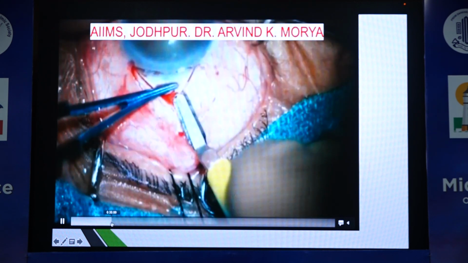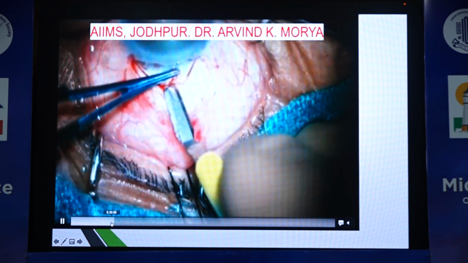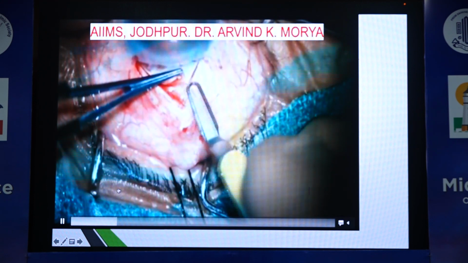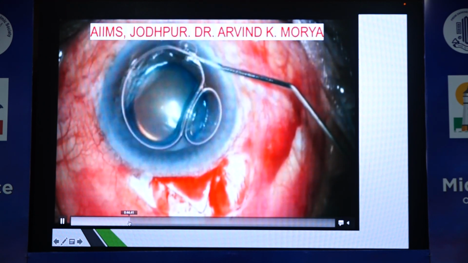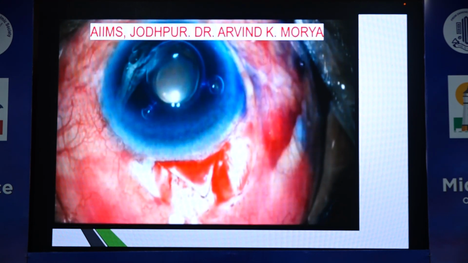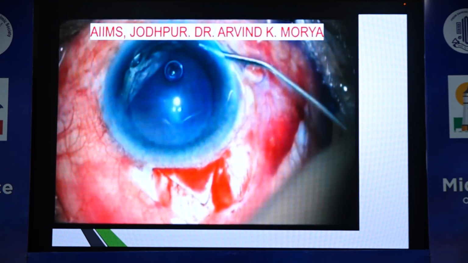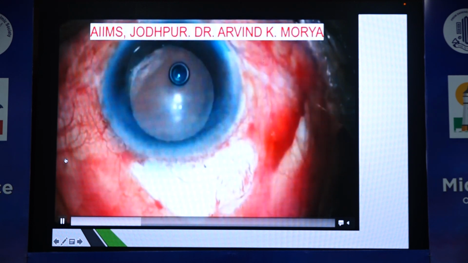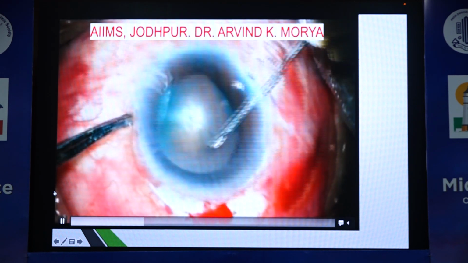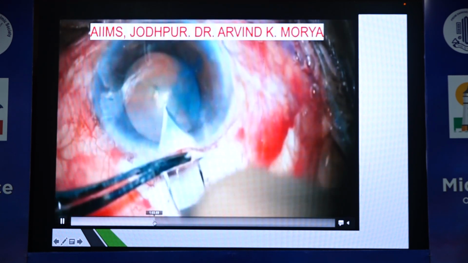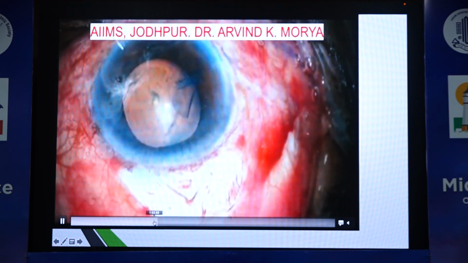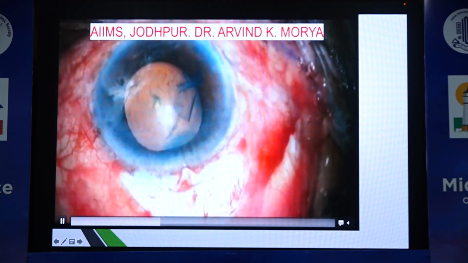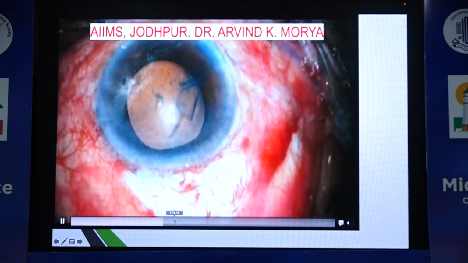I dissected it using the crescent. You can see how much the corneal haze is. This trypan blue needs to be pushed under air so that the integrity of the endothelium is saved, because of the toxic effect of trypan blue.